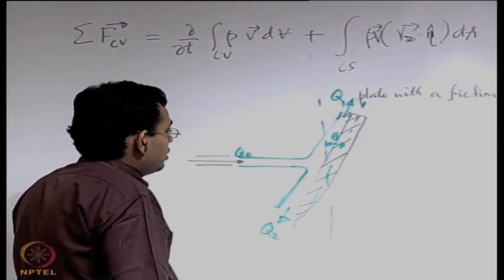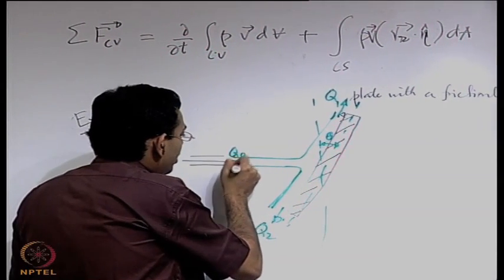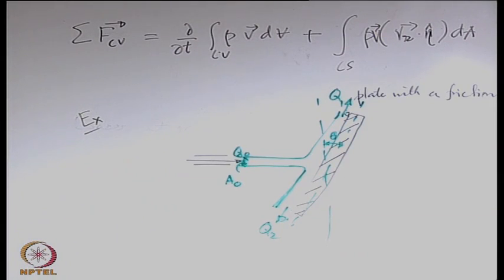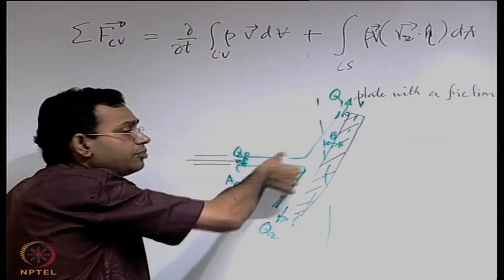Now let us say that this area of cross section of this extreme streamline, so these are like stream tubes, these are called.